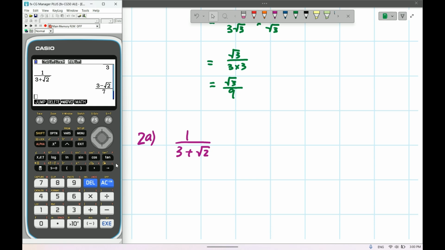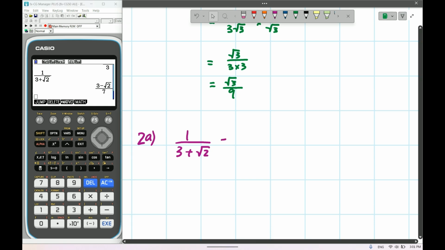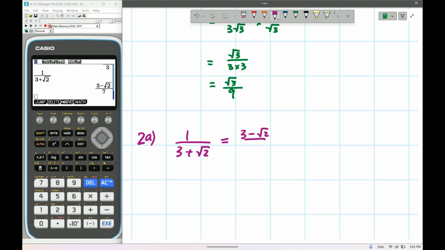It'll try its best to write it so that the bottom number is a whole number. And so once again, for question 2, they're just asking you to do the same kind of thing. They're just asking, how do you convert 1 over 3 plus root 2 into 3 take root 2 over 7? That's what they're asking you to do for this particular question.